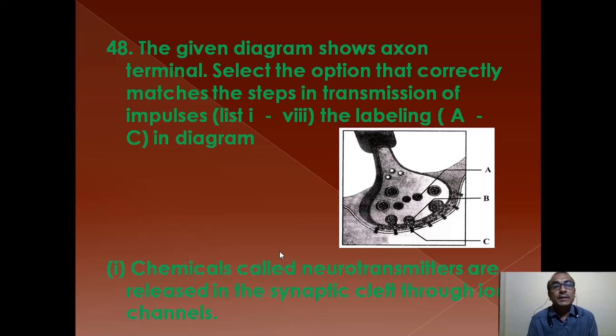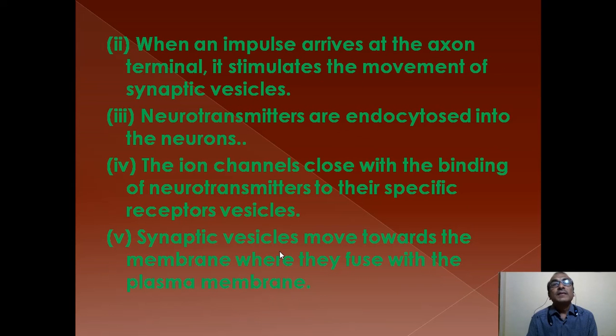So let us take up the statements given there. Chemicals called neurotransmitters are released in the synaptic cleft through ion channels. When an impulse arrives at the axon terminal, it stimulates the movement of synaptic vesicles. Then neurotransmitters are endocytosed into the neuron, that is in the post-synaptic neuron.